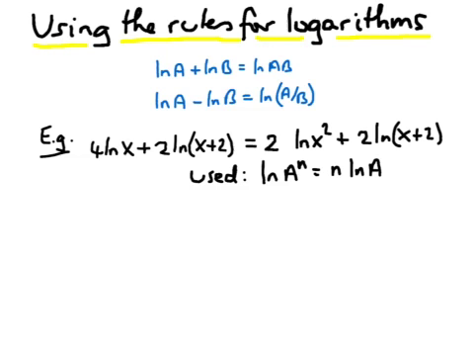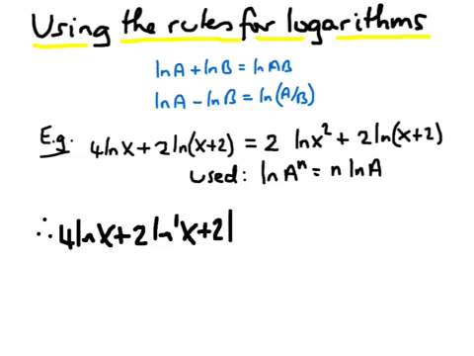So therefore, what we have is that 4 log x plus 2 times the natural log of x plus 2, should put a modulus sign really, it's got to be positive, is equal to, and now here we have a common factor of 2 that we can pull outside. I'm going to do this in 2 steps slowly.